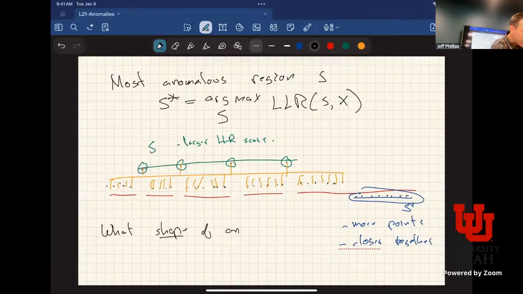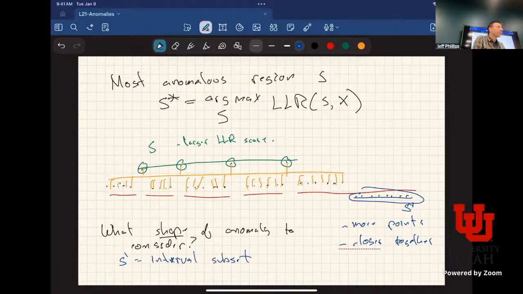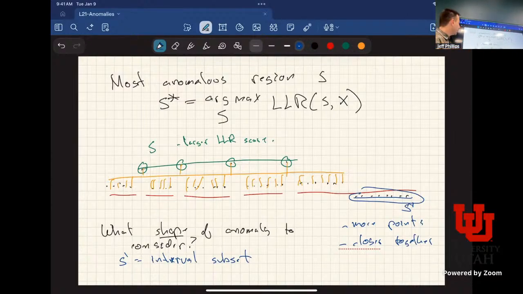What shape of the anomaly to consider. Okay, so S prime is going to be an interval subset. It defines a nice cohesive shape. Maybe these are observations in time, and after some point, something changed, and this was lower, right?